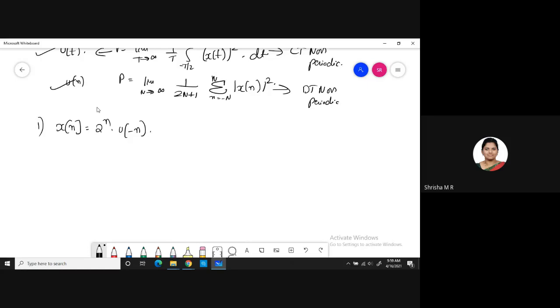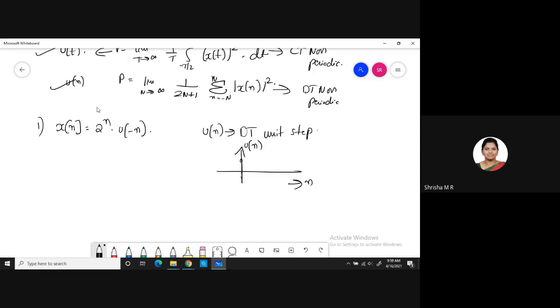What is u of n? U of n is the discrete time unit step signal, correct? You have to know these basics for solving.